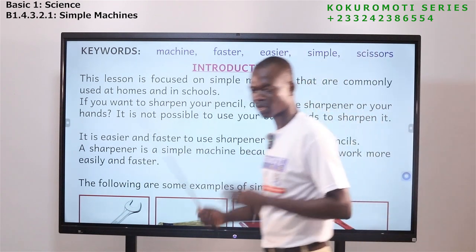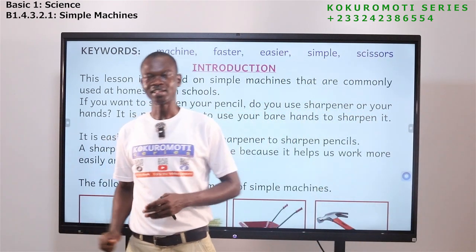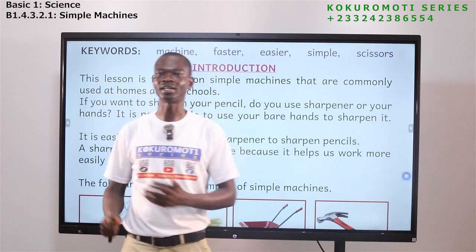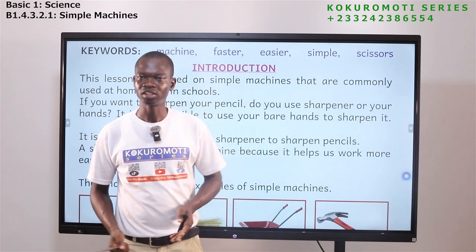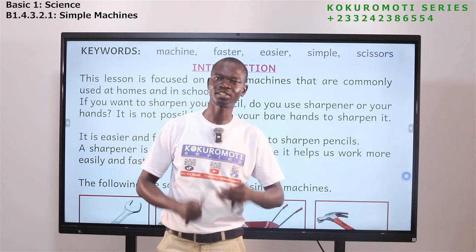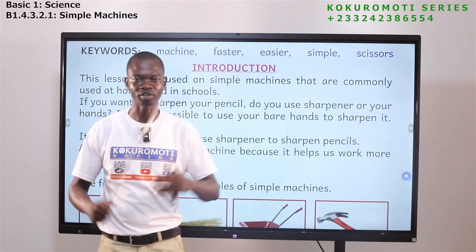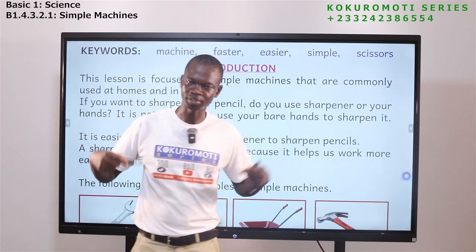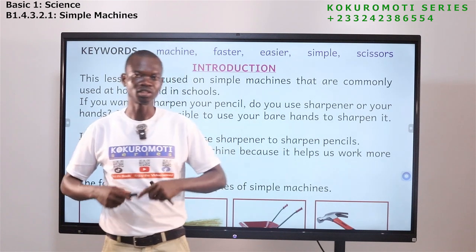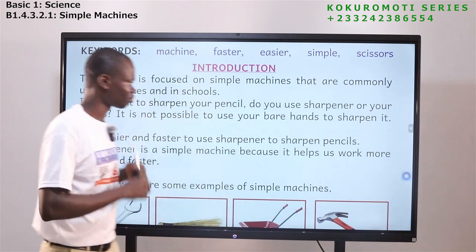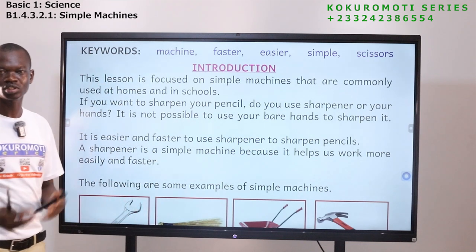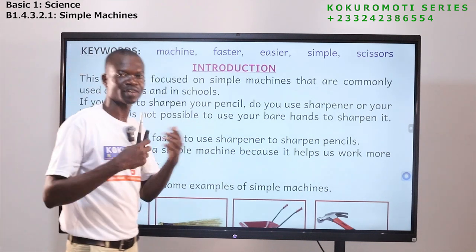Today's lesson is about simple machines. These machines do not use fuel. They don't need any electricity or any form of power before they can work. They don't use batteries or petrol. They are easy to use, and they also help us work faster.